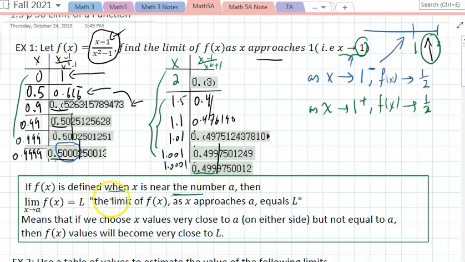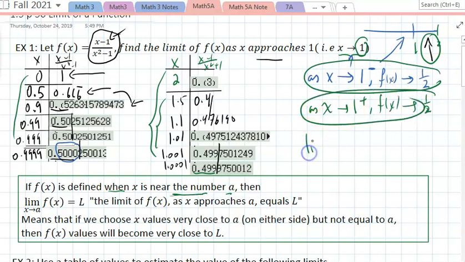If f of x is defined when x is near the number a, then instead of writing this, we say the limit as x approaches 1 of f of x equals 1/2. That's normally how we do it. New notation, but we're going to use it for a while.